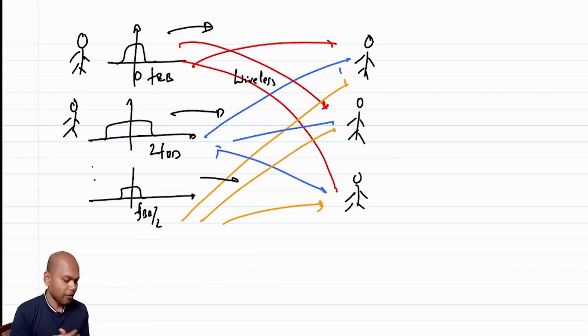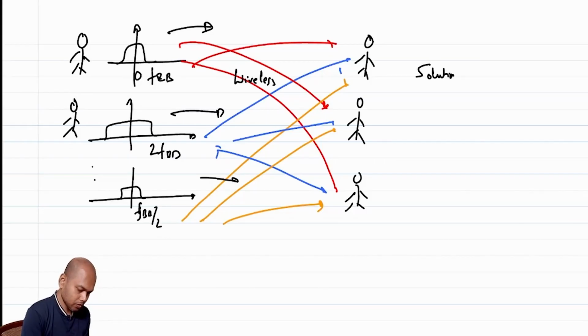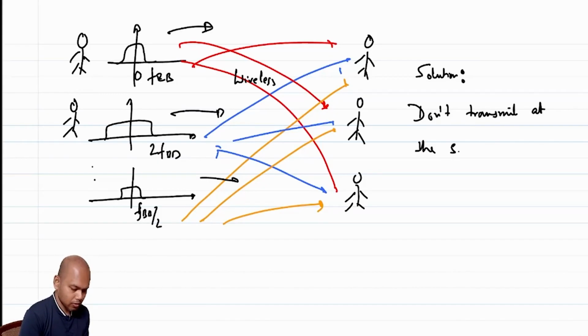You have to ensure that all these users do not transmit at the same frequency, right? The solution is, don't transmit at the same frequency.